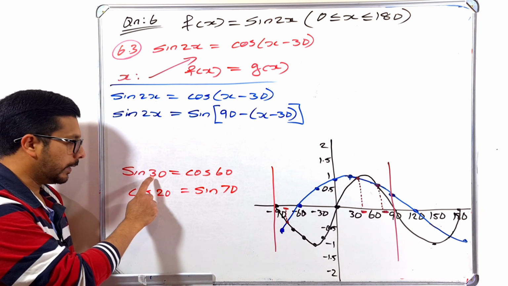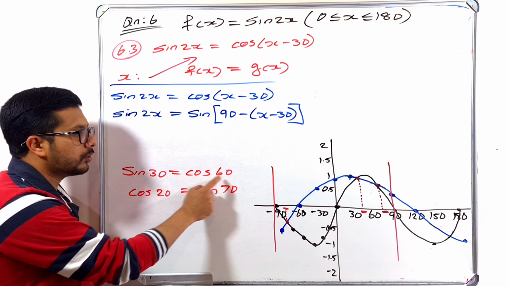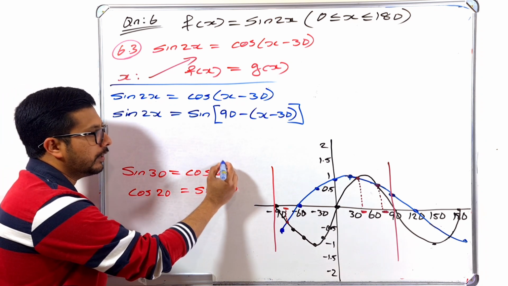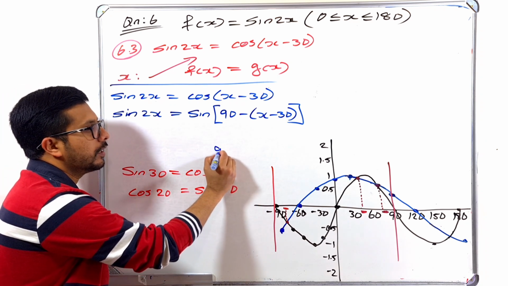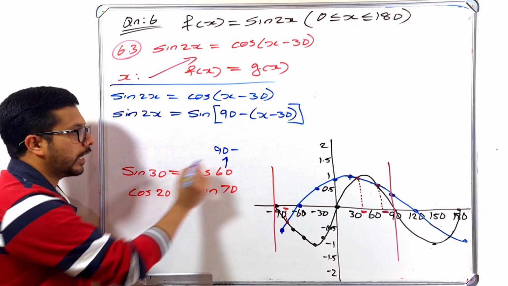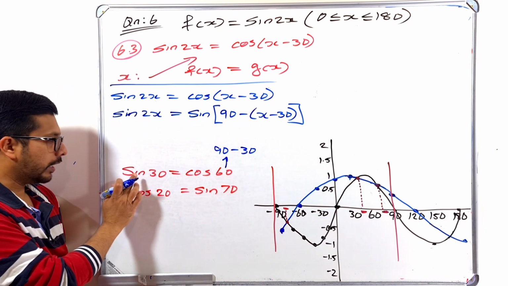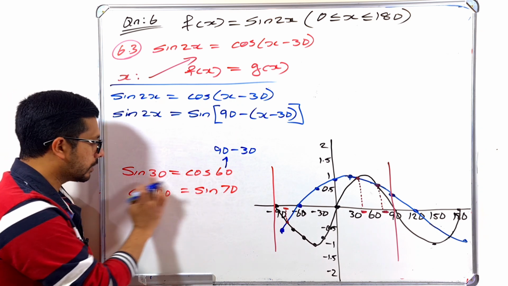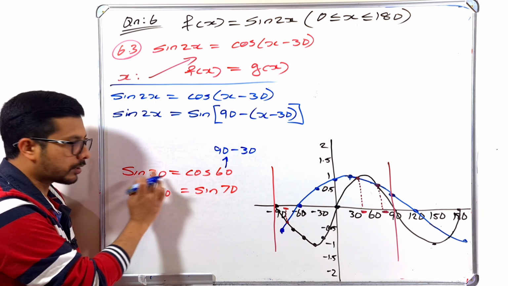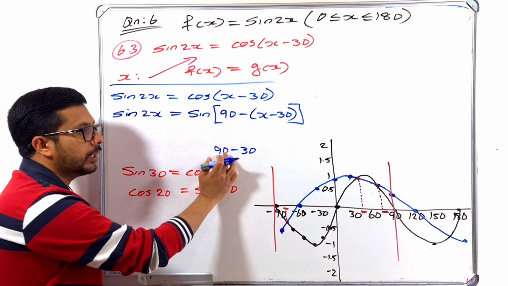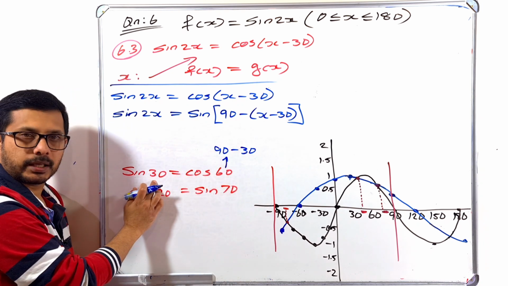Okay, listen here. Sine 30 is equal to cos 60. How do I get this 60? What I did is, this 60 is 90 minus this angle. You understand? So if you want to write sine as cos, what must I write? Cos of 90 minus this angle.